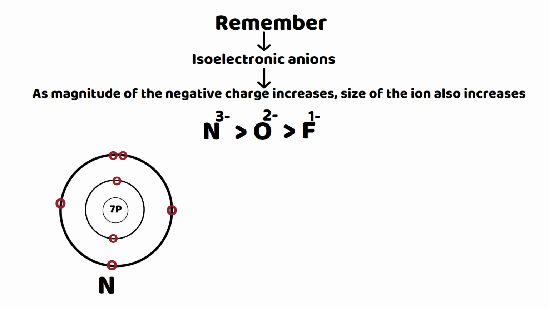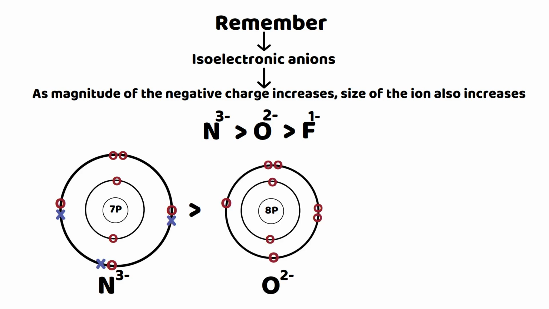Nitrogen gains 3 electrons, so it experiences more inter-electronic repulsion, and as a result size of N3 minus ion is larger than O2 minus ion, that is formed by the gain of 2 electrons. Similarly, the inter-electronic repulsion is more in O2 minus ion compared to F1 minus ion, that is formed by the gain of 1 electron.